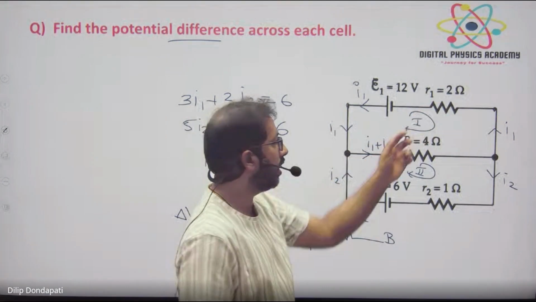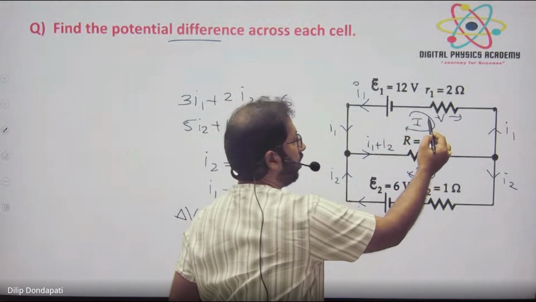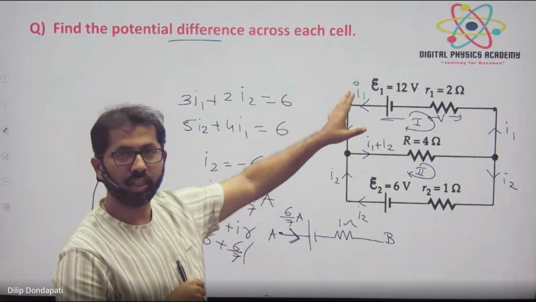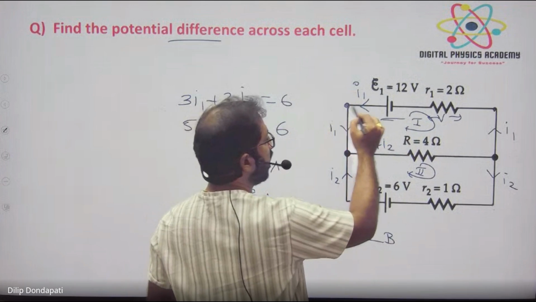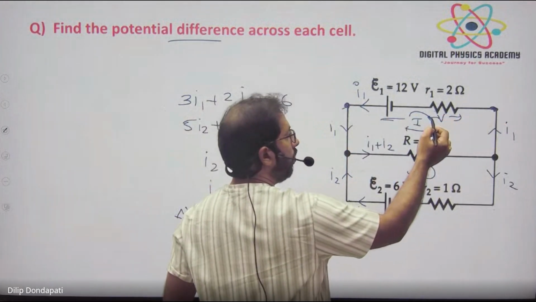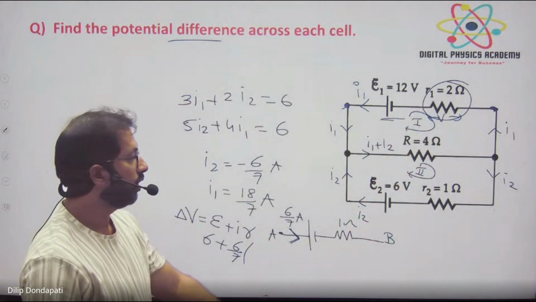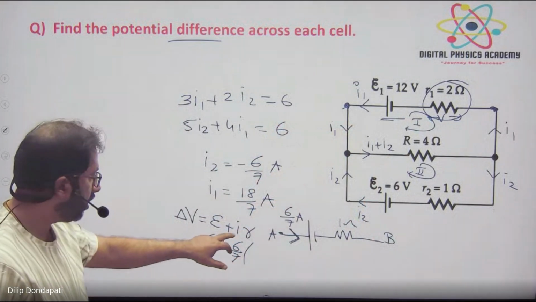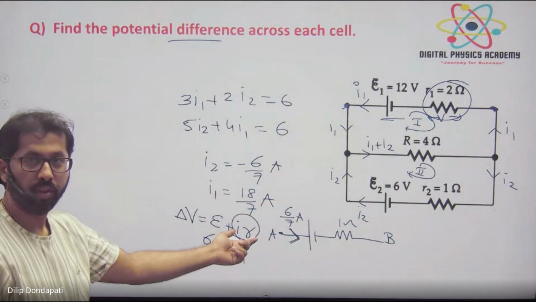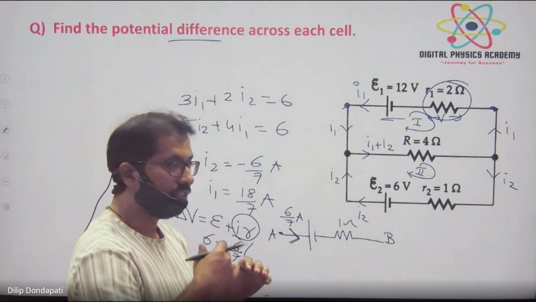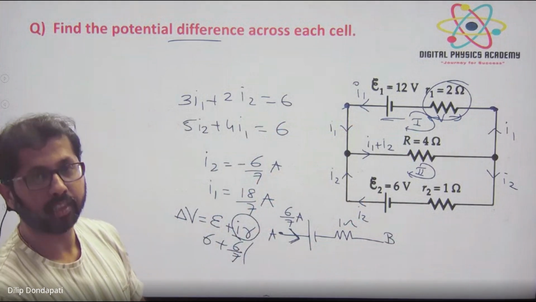IR means you are getting only the potential drop across this resistor. But I want the voltage across the terminals of the cell. You are telling only V equals IR for this voltage. That's why IR is nothing but only the potential drop. E plus IR we have done in cells. Discharging case is different, charging case is different, we have done.